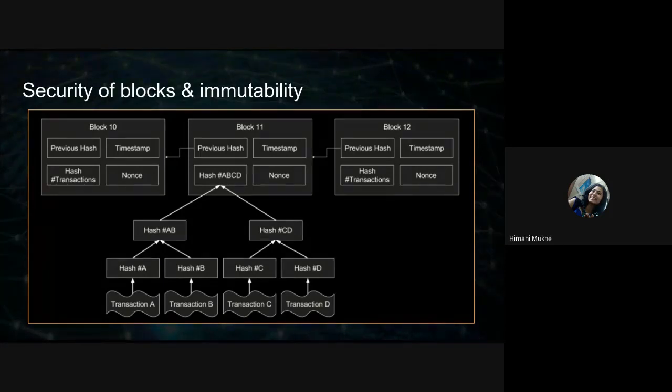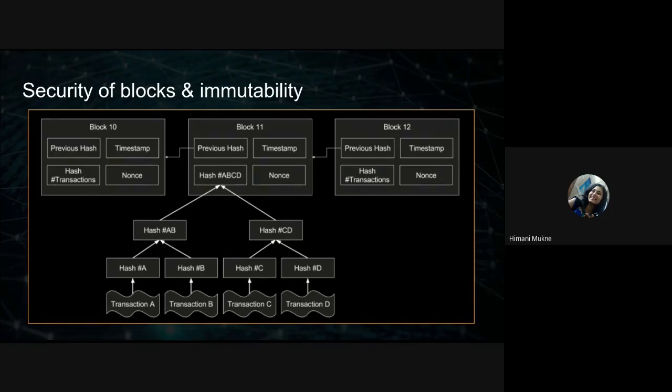So, how is this immutable per se? If you look at transaction A, if I make any modification in transaction A, the hash associated with that transaction A will also change, which will change hash AB, which will change hash ABCD. So that will essentially change the hash of the entire block 11.